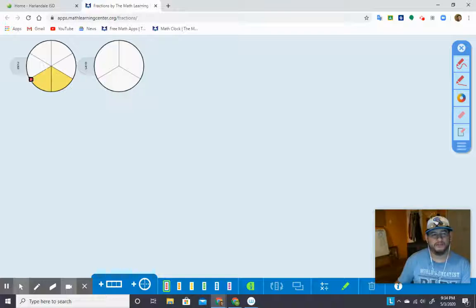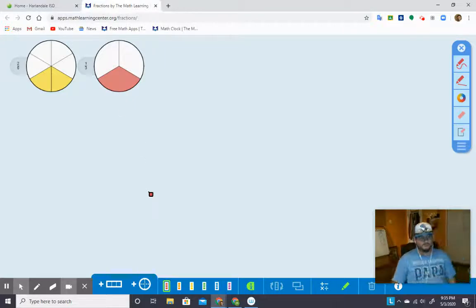Even though the denominators are different, what do you think I have to do? Right, just color in one part. So what fraction is equivalent to 2/6? 1/3, correct, right?